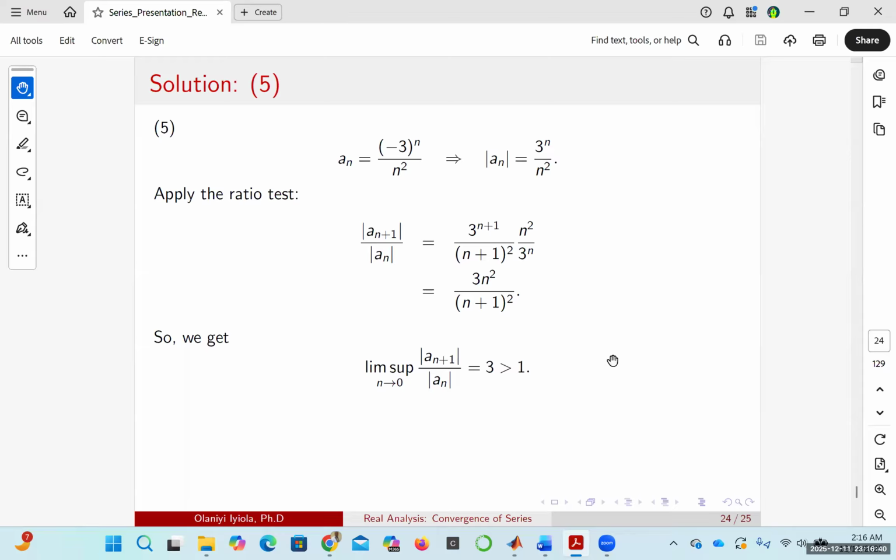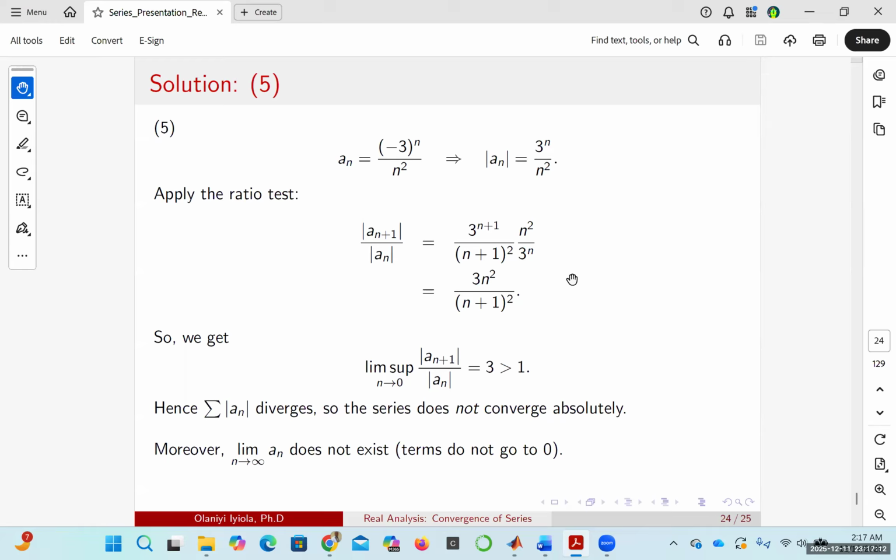By the ratio test, when this limit is bigger than 1, then the series given by a_n diverges. And so this series does not converge absolutely. If it diverges in the first place, it does not converge absolutely. So this is a good example of a series that does not converge absolutely.